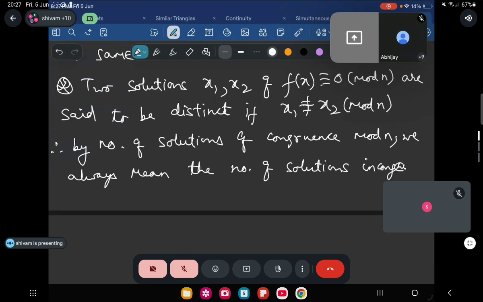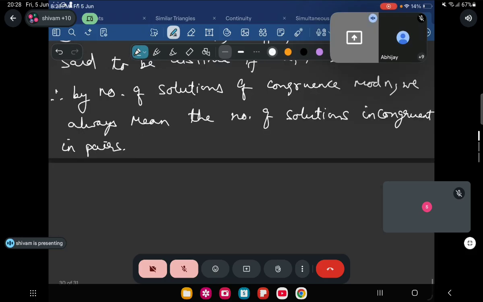Everyone, I'm telling you what this statement means, you will understand. Incongruent in pairs. Pay attention, everyone. I'm telling you the meaning.